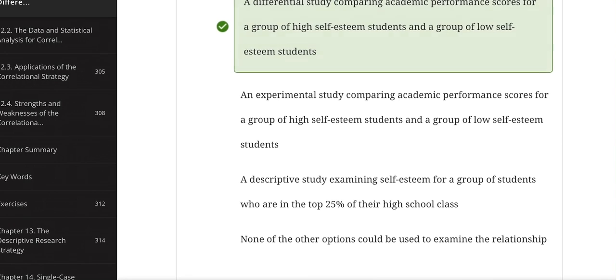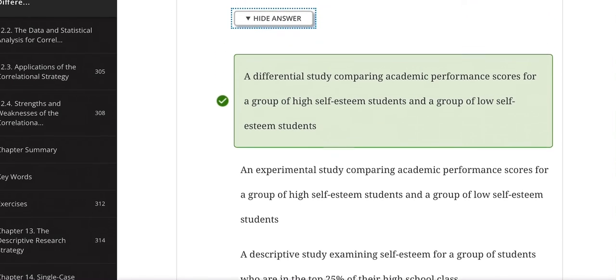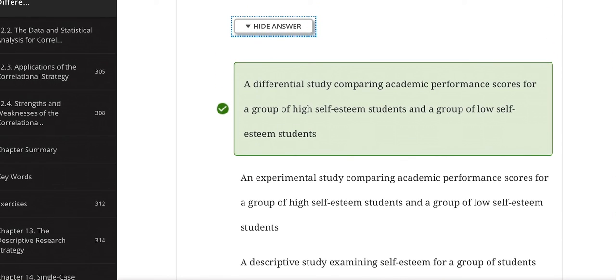So obviously the answer is the first one, differential study comparing academic performance scores for high and low groups. All right, so hopefully that helps introduce you to the correlational research strategy. And that is it for the first section. And we will talk about the data and statistics for correlations in the next video.